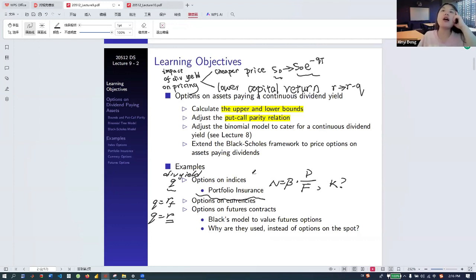In that hedging example, we showed that the number of options contracts we use would be equal to beta times the portfolio value divided by the value of a single option contract.